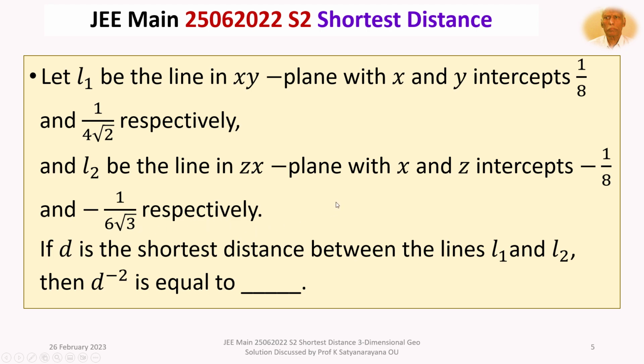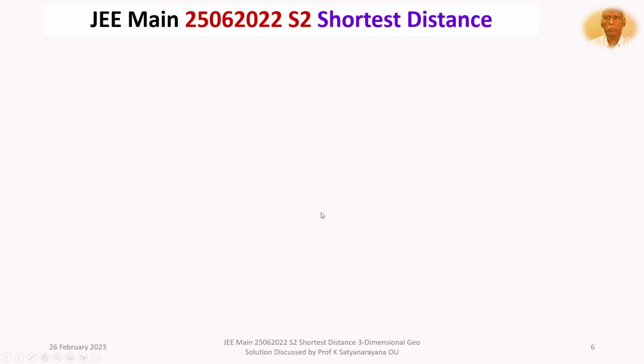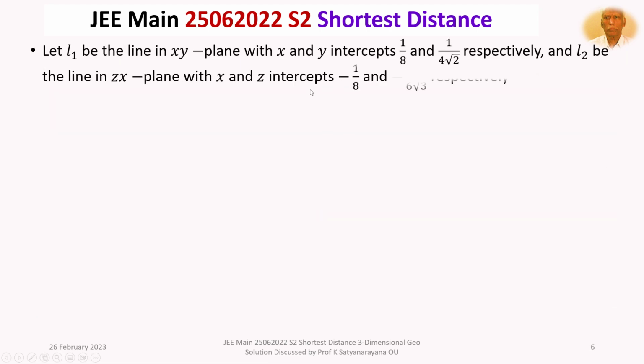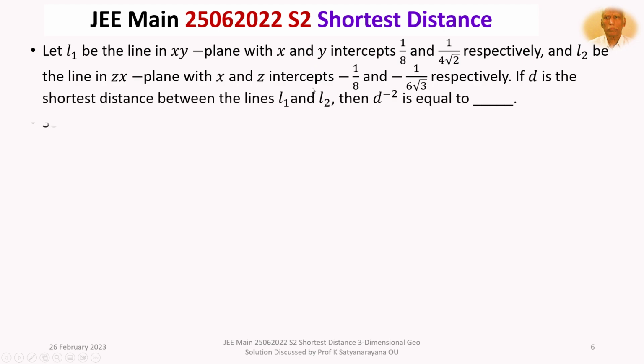If D denotes the shortest distance between L1 and L2, we are required to get the answer for D power minus 2. That is our given question. We now discuss the solution of the problem in detail.